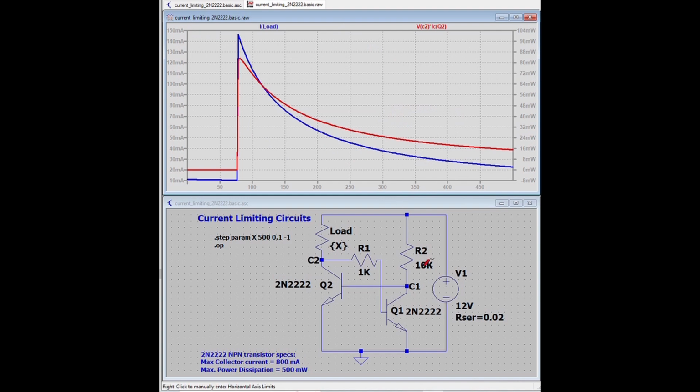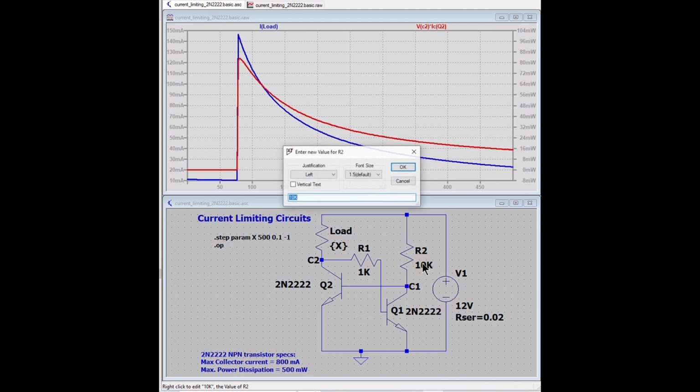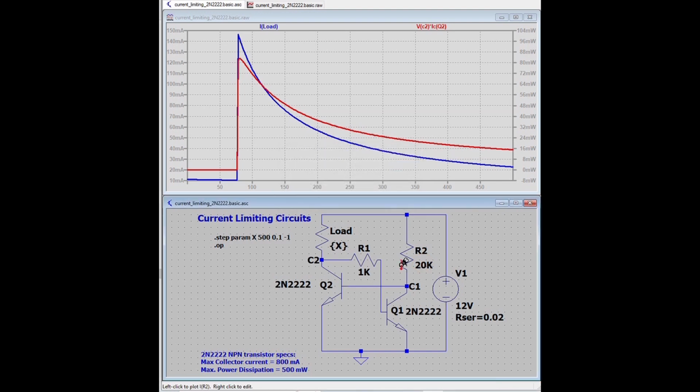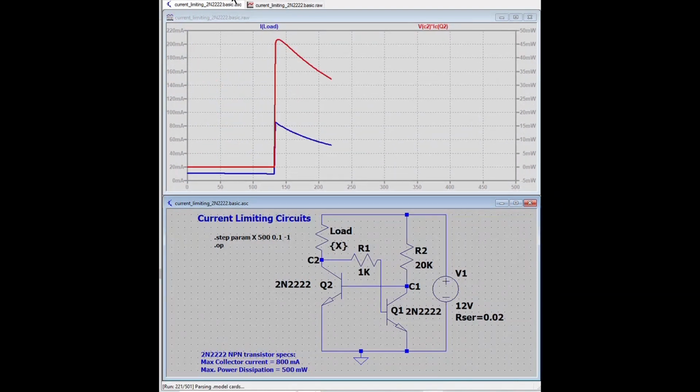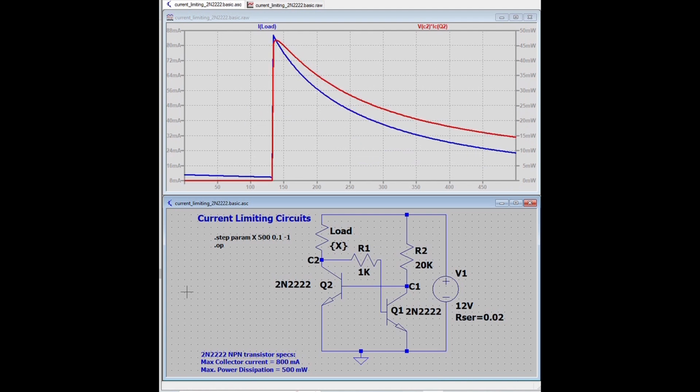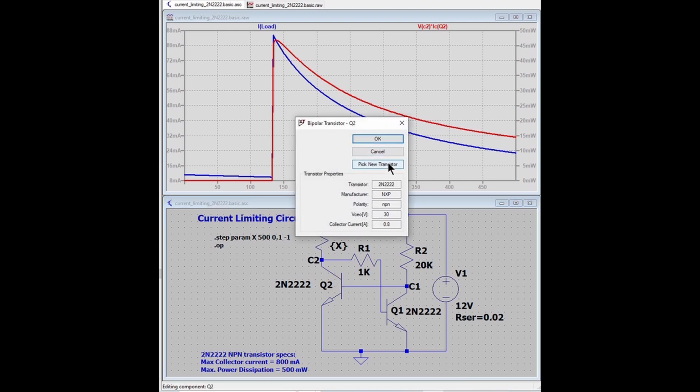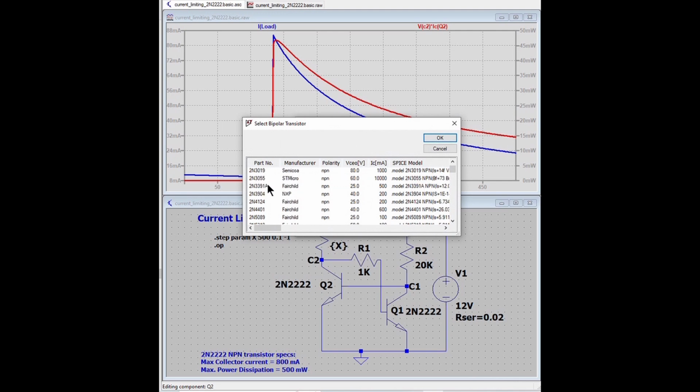What happens if we change the value of R2 from 10K to 20K? The current limit changes to 88 milliamps. What if we change the transistor type?